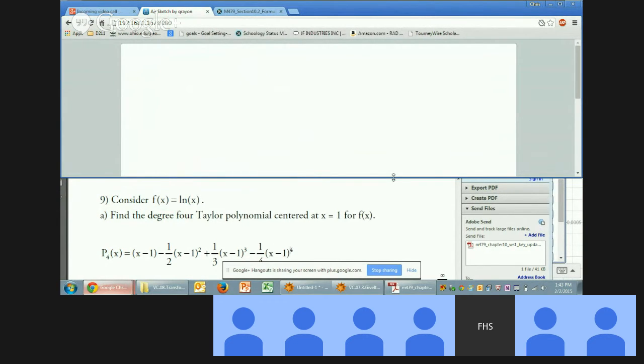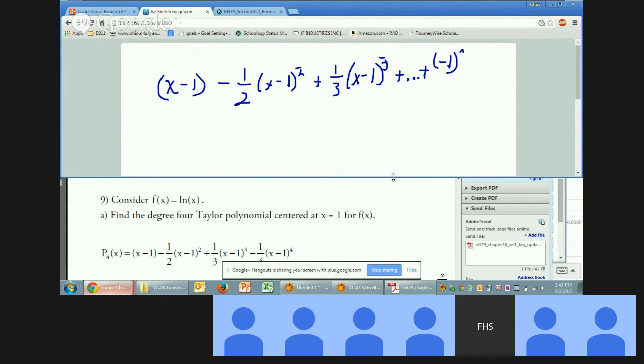Okay. Anyway, if you look up at the top of my screen where I've got a little scratch pad, it would be okay to take the original series: x minus 1, minus 1/2 times x minus 1 squared, plus 1/3 times x minus 1 cubed, plus dot dot dot, plus negative 1 to the n minus 1 over n times x minus 1 to the n, and then plus dot dot dot.